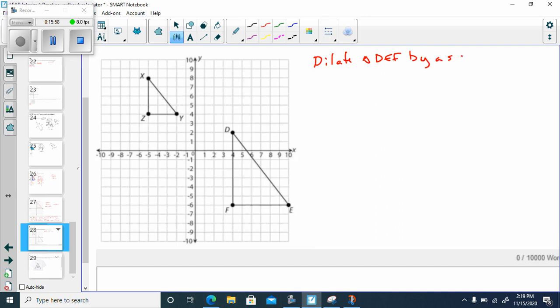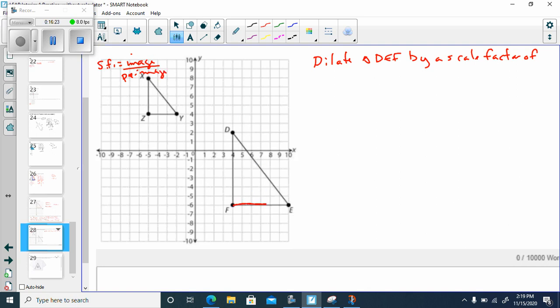By a scale factor of, well, let's figure out what that scale factor is. Let's find two corresponding sides, because we know that scale factors are equal to the length of an image side over its pre-image, right? So let's see.